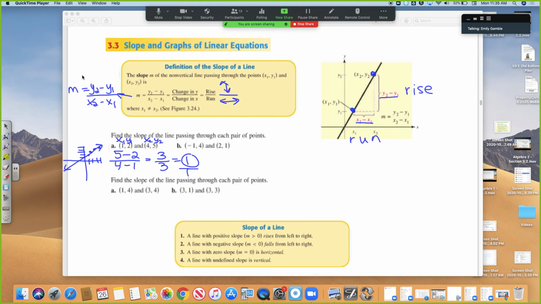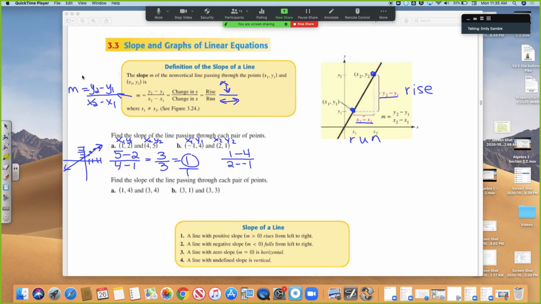Using the formula again, if it's helpful for you to label these each time, please just take a couple of seconds to do that. If you don't need to label it and you can just follow the formula without doing that, that's fine. You're basically just taking the second y value and subtracting the first. 1 minus 4 will be the numerator, the denominator 2 minus negative 1.